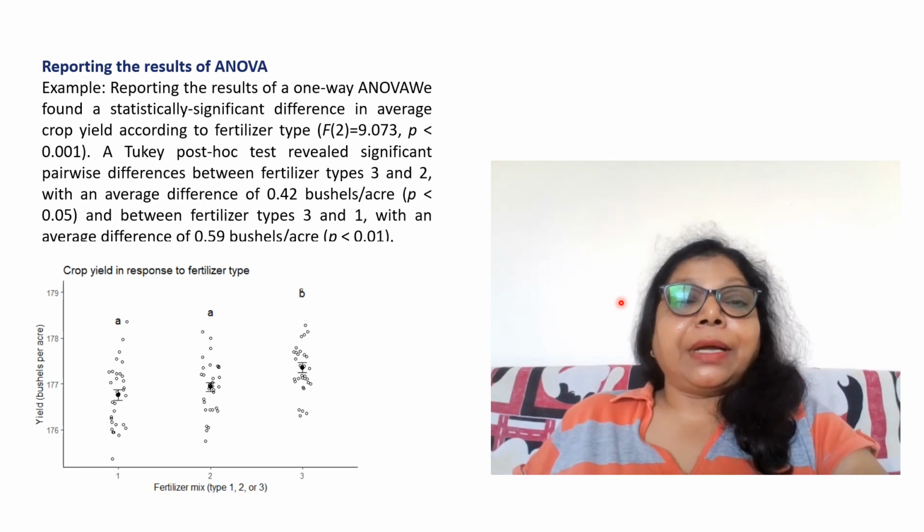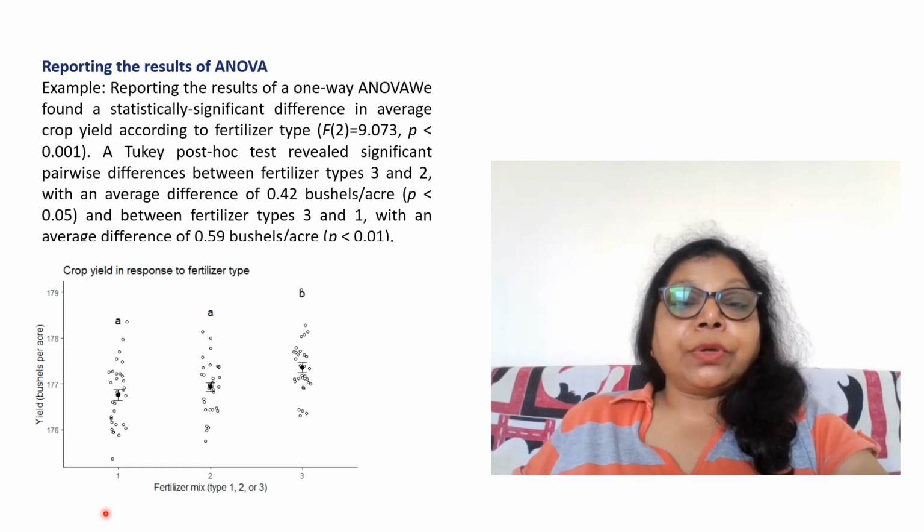Apart from that, while reporting the results of a one-way ANOVA, we can say there is a significant difference in average crop yield according to fertilizer type, F(2) = 9.073, with p less than 0.001.